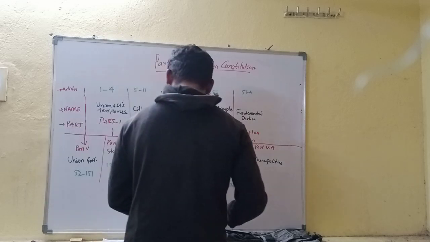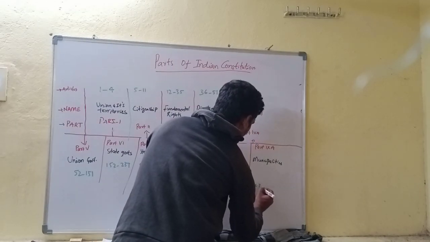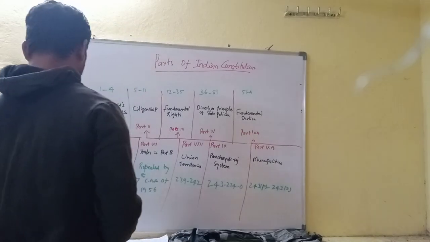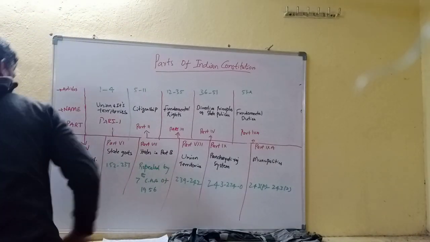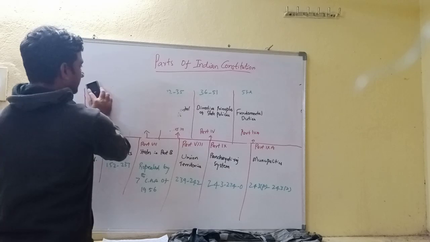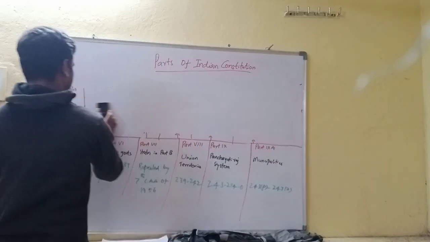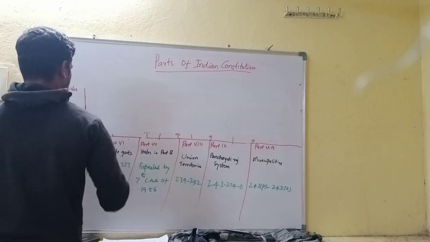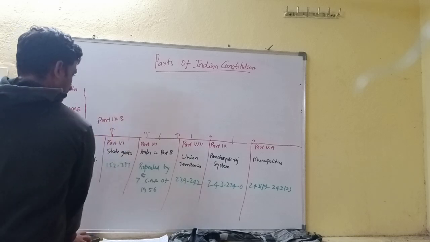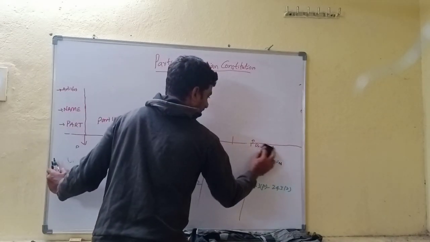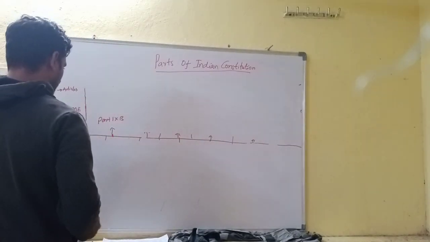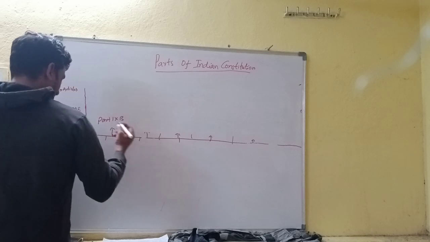Articles 243P to 243ZG. So the next part is Part 9B. Part 9B is about cooperative societies.